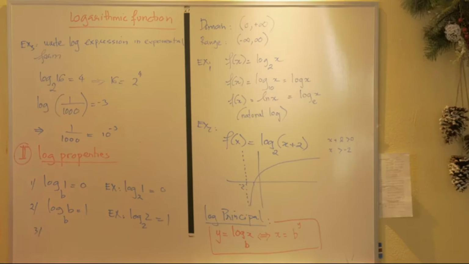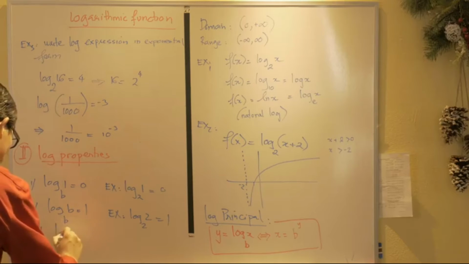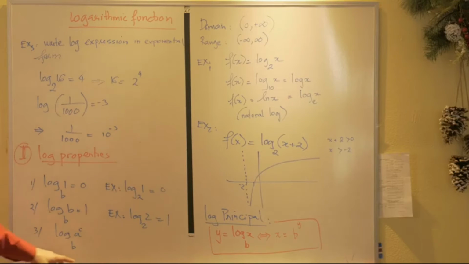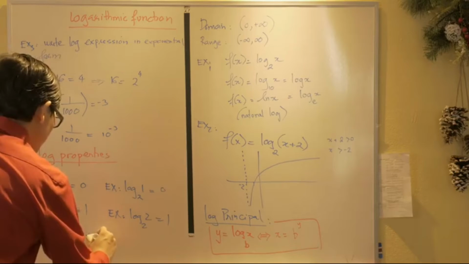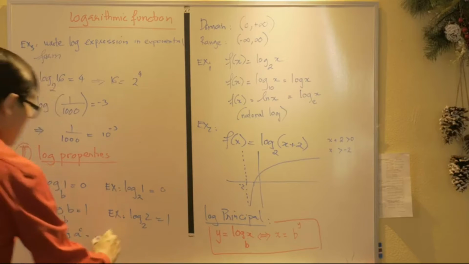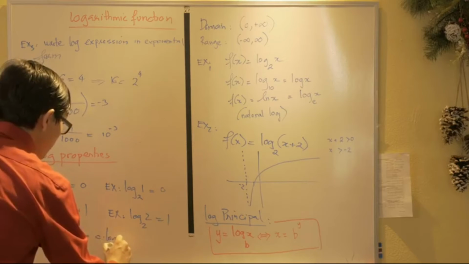Number 3: log base b of a to the c power. Here a to the c power is the argument. This is equal to c times log base b of a; you can bring the c to the front.